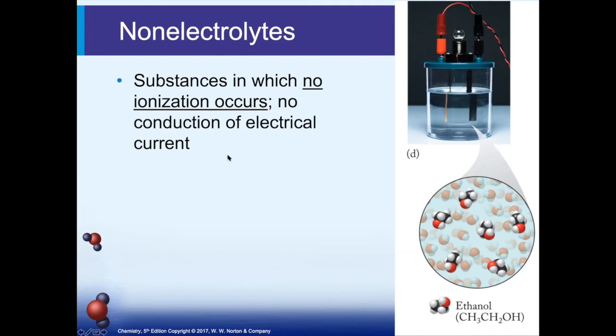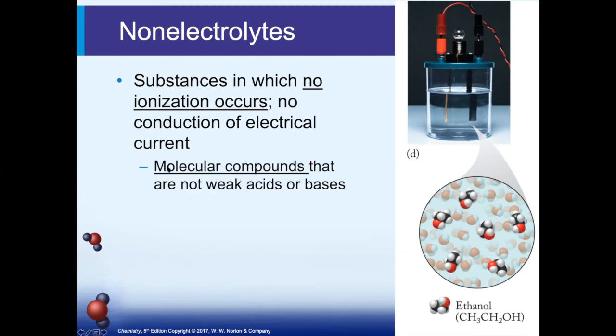What you need to know is the type of compounds that are non-electrolytes, and those are molecular compounds. Remember, we learned about that last week: there are ionic compounds, and there are molecular compounds. Molecular compounds are compounds composed entirely of nonmetals and/or metalloids.